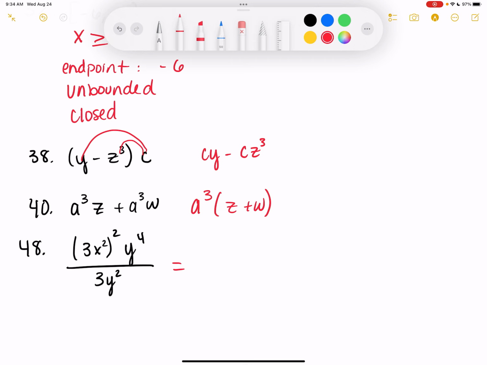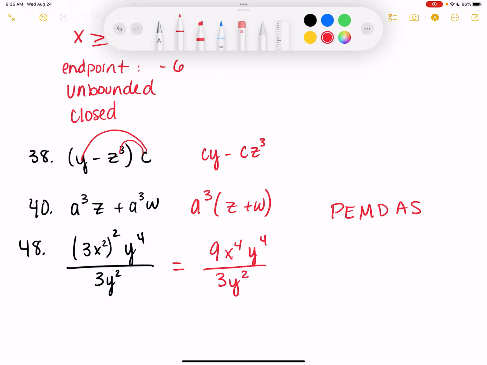All right, let's have a PEMDAS review. Parentheses, exponents, multiplication, division, addition, subtraction. So what should I do first? 3x squared, squared. What does that give me? 9x to the 4th. So 9x to the 4th, y to the 4th over 3y squared.